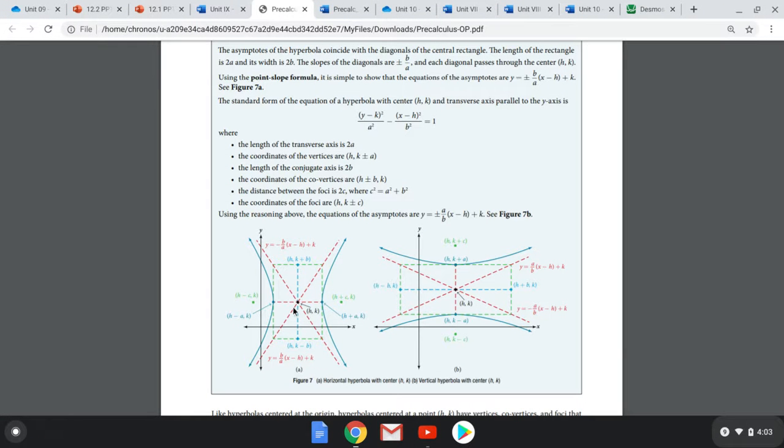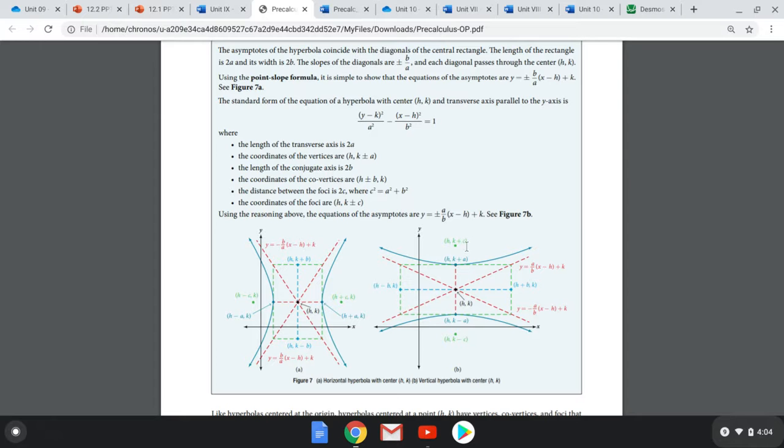So we're using that. And the slope for a horizontal hyperbola is going to be plus or minus b over a, right? Rise over run, b over a. For a vertical hyperbola, it's going to be plus or minus a over b. Again, rise over run.